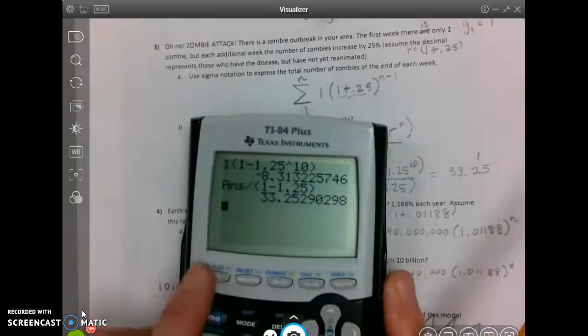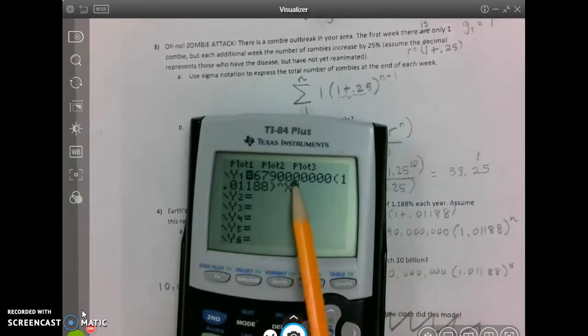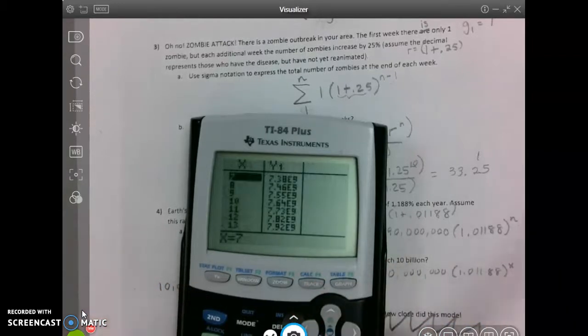So let's first go to y equals and put in the 6,790,000,000, 1.01188 to the x power. Let's make sure I put in the right number of zeros. 1, 2, 3, 4, 5, 6, 7. Good. Then I'm going to go to my table.